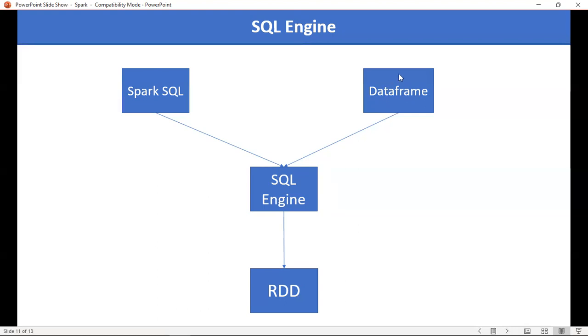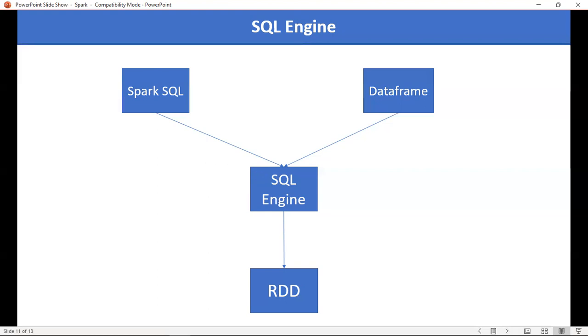When you submit your code, which is in Spark data frames, at that moment SQL engine will try to understand if there are any formatting issues or syntax errors in your code. Then it will try to come up with multiple plans or multiple DAGs that your code can take. And then it will figure out the best suitable execution plan for your code.